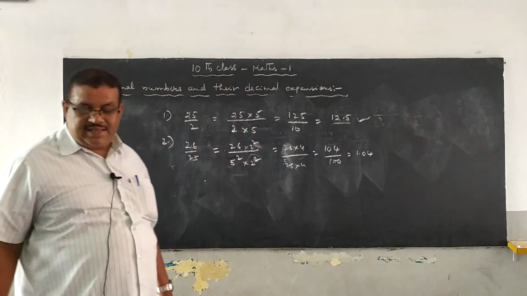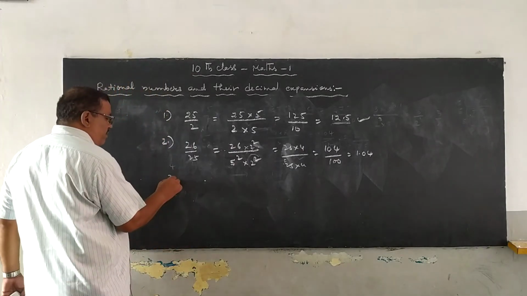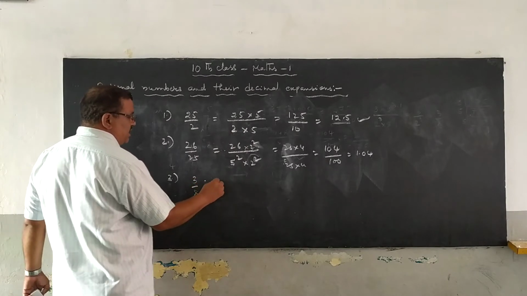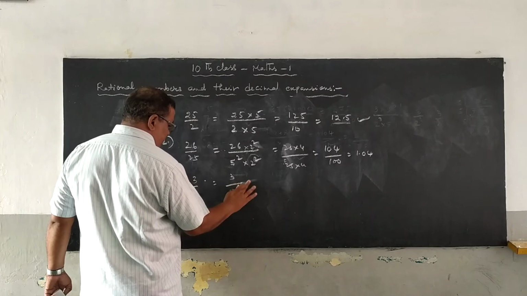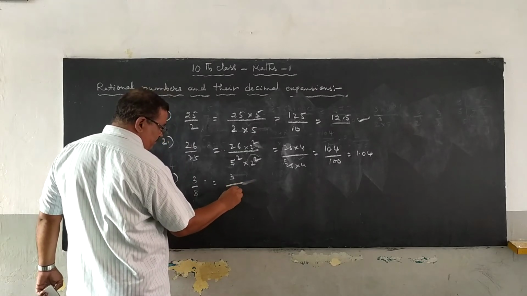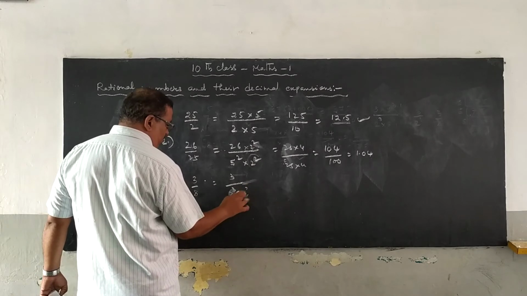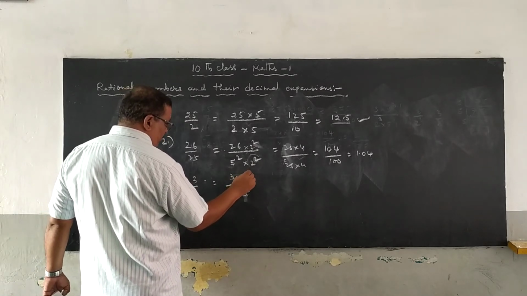Now the third example, 3 by 8. How do we represent this in decimal form? 8 can be written as 2 cube. I multiply the denominator by 5 cube, and the numerator is also multiplied by 5 cube.